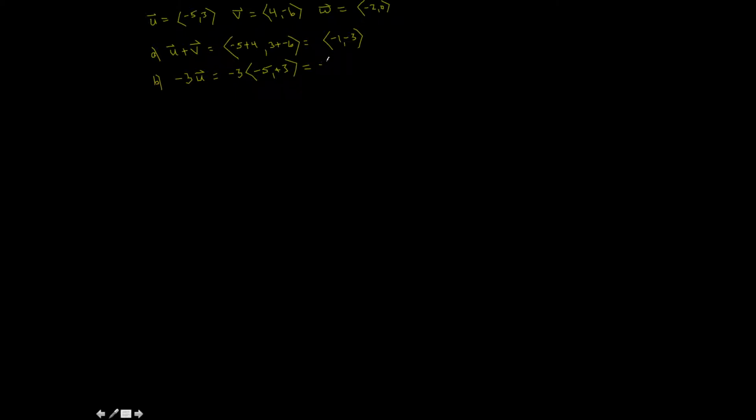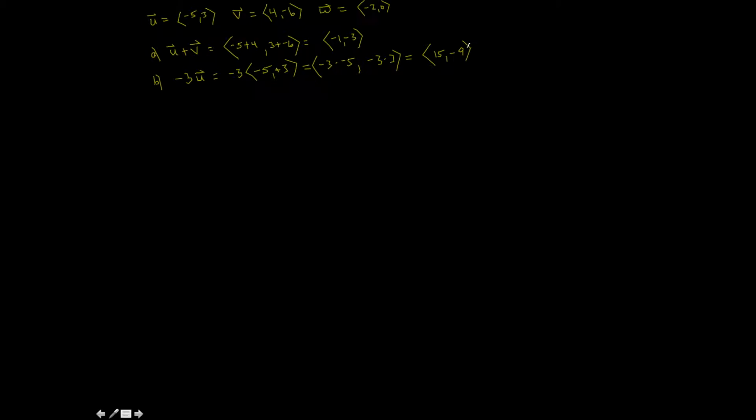So that's going to be negative 3 times negative 5 and negative 3 times 3. So this should give us a new vector of 15, negative 9.